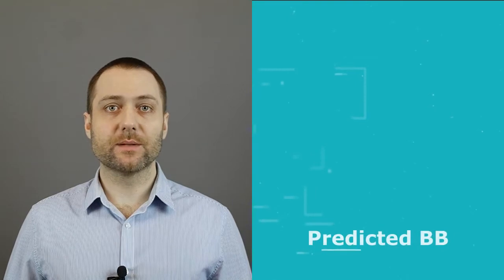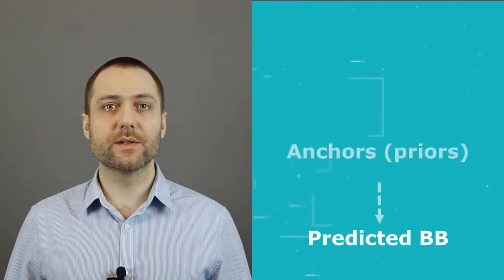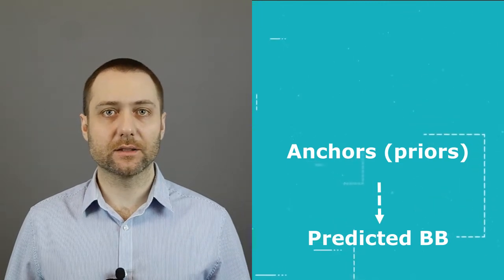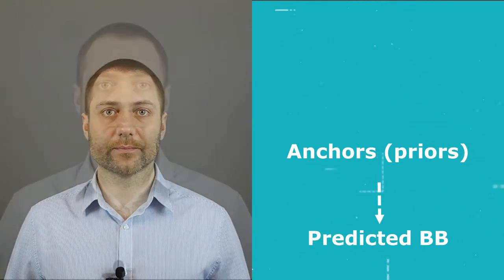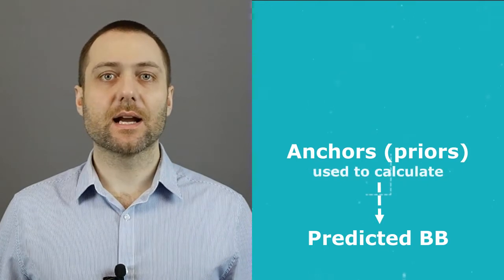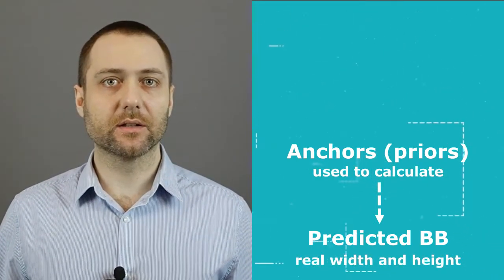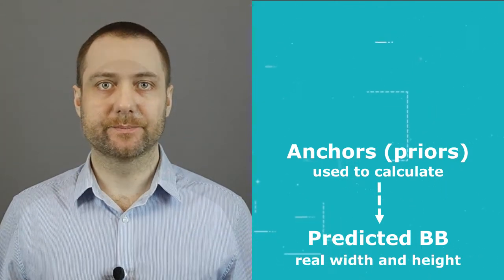To predict bounding boxes, YOLO version 3 uses predefined default bounding boxes that are called anchors or priors. These anchors are used later to calculate the predicted bounding boxes' real width and real height.